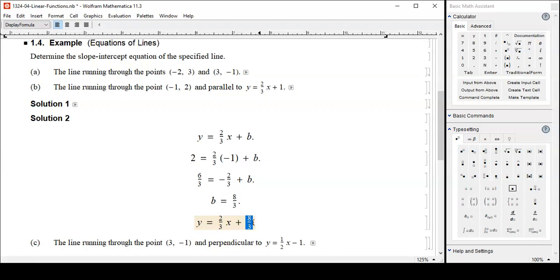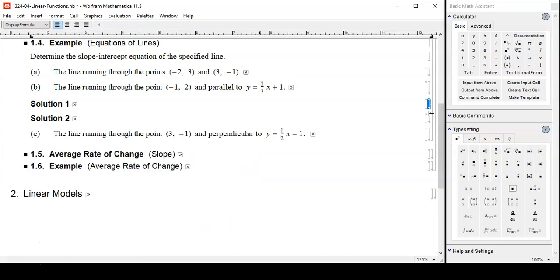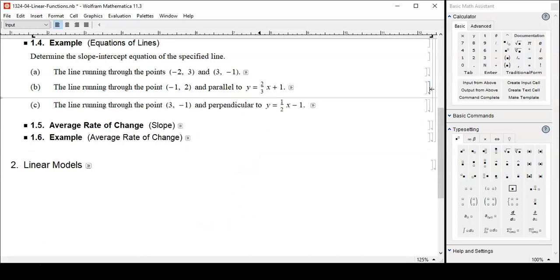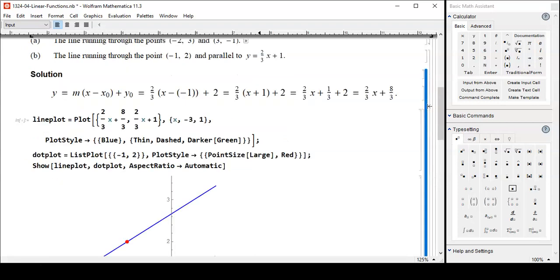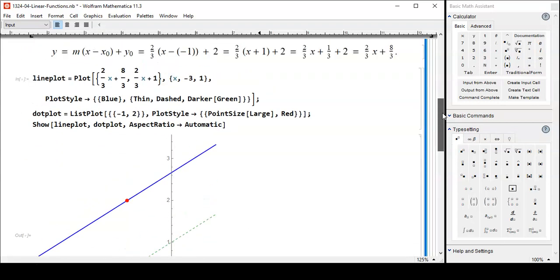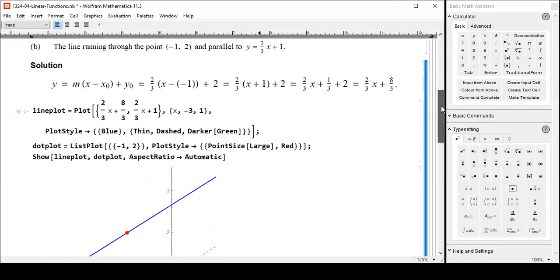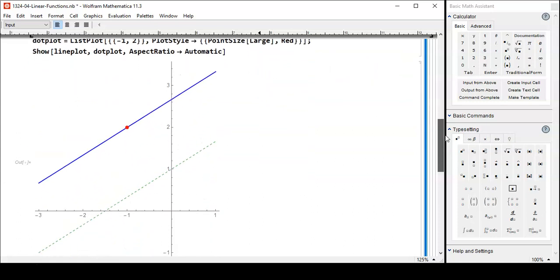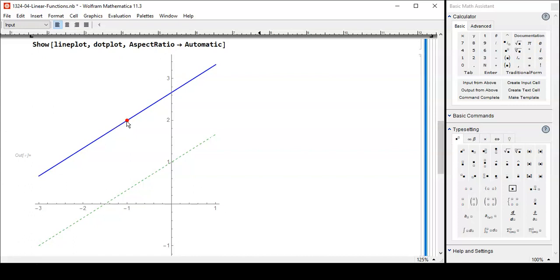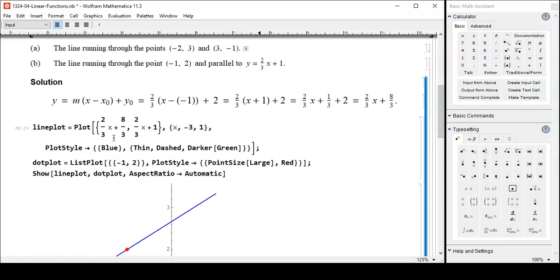This is your b value, 8/3. Either way, it works out. What did I do in my answer key here in this notebook? Yeah, I used the first method. And here is a visualization running through this point, -1, 2, and parallel to this original dotted line. Indeed, this is the correct answer.